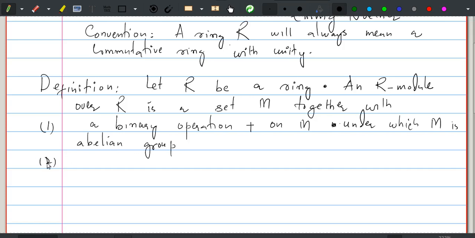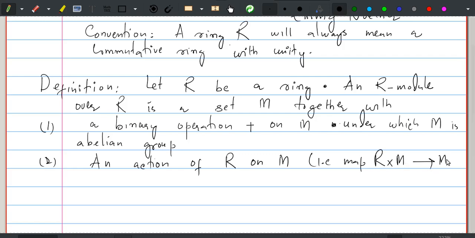And the second item is that we have an action of R on M. That is a map R cross M to M, which takes the ordered pair (r, m) to the element rm in the module.